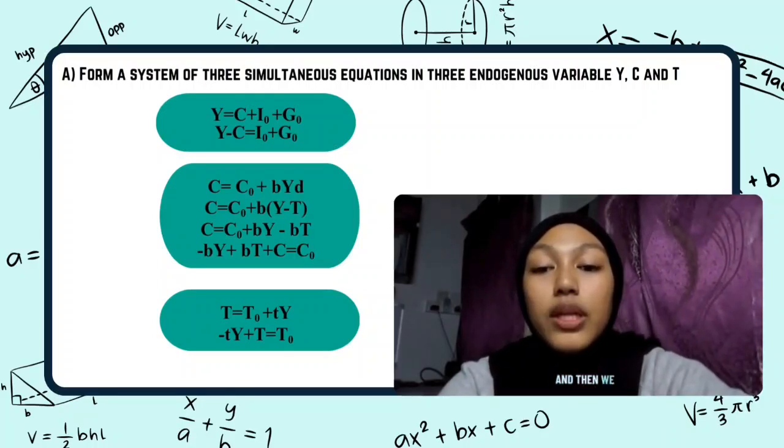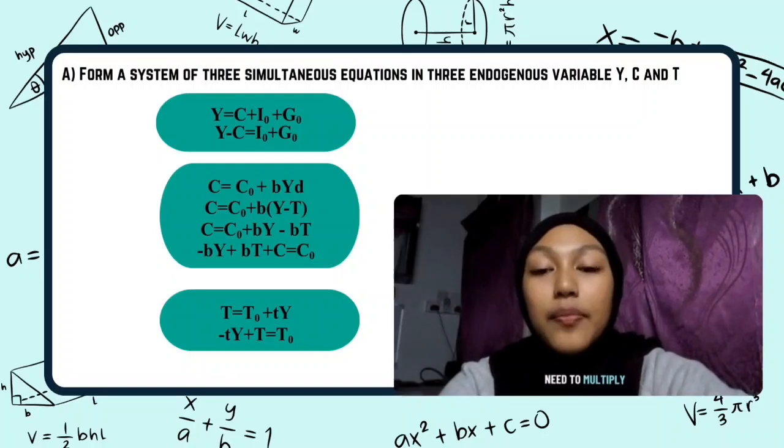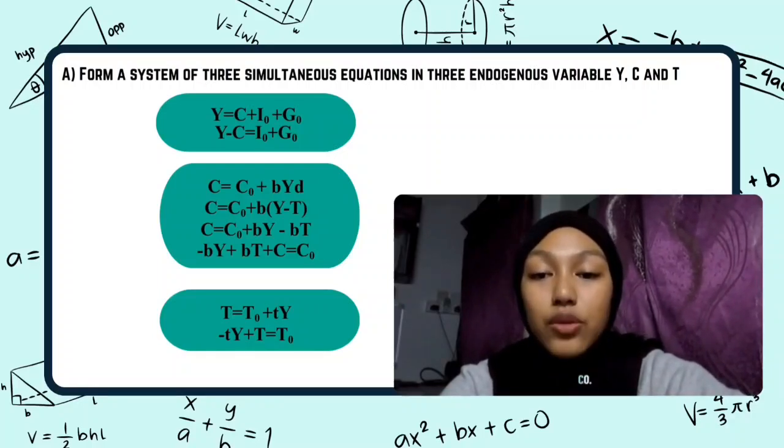And then we need to multiply b into y minus t, and it will be c equal to C0 plus by minus bt. In the final equation, we need to transfer positive by and negative bt to the left side with c. The final will be minus by plus bt plus c equal to C0.